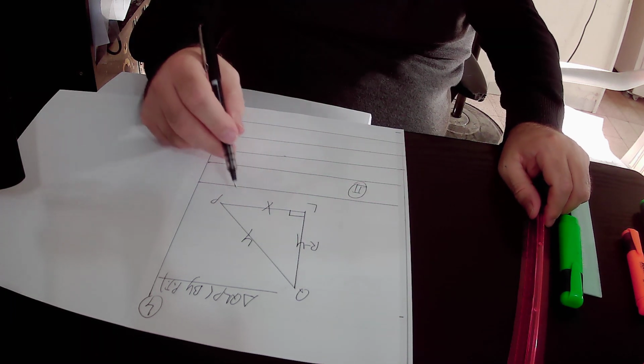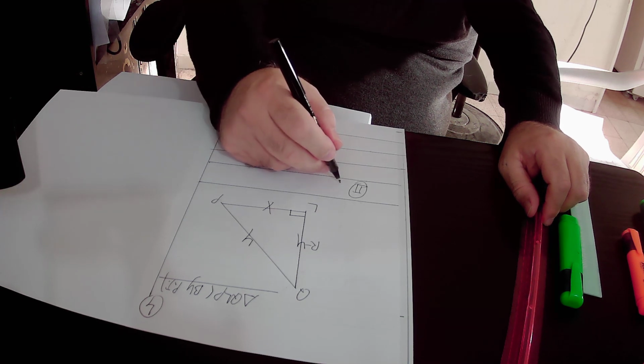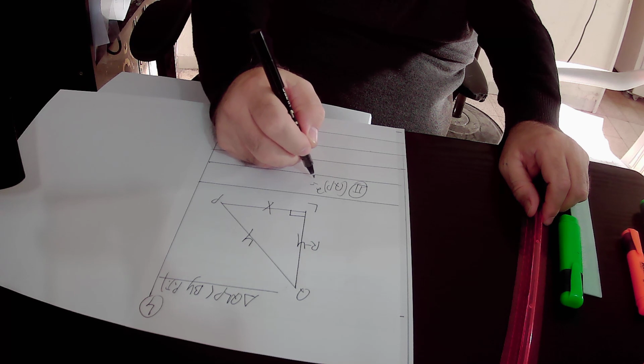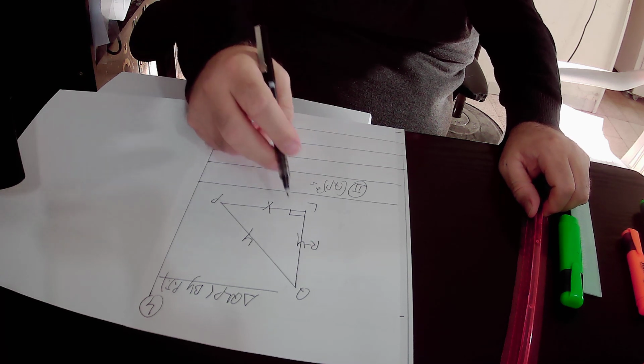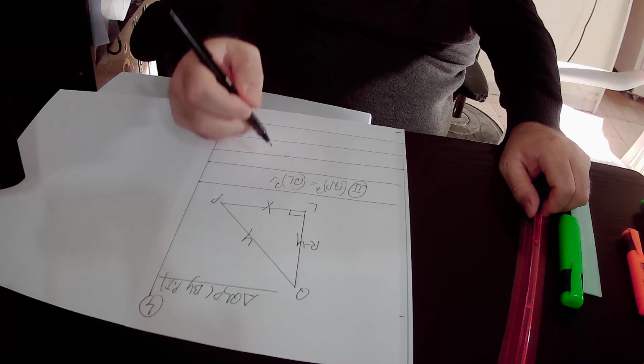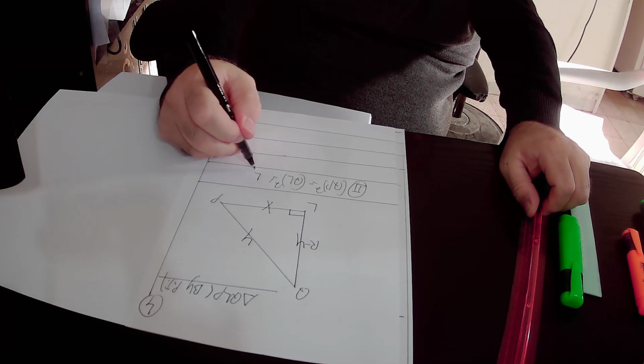The hypotenuse is QP, therefore the square of the hypotenuse is QP squared, and it must be equal to QL squared plus LP squared.